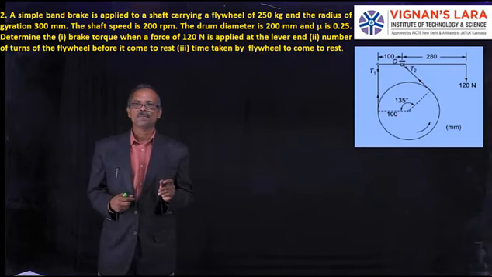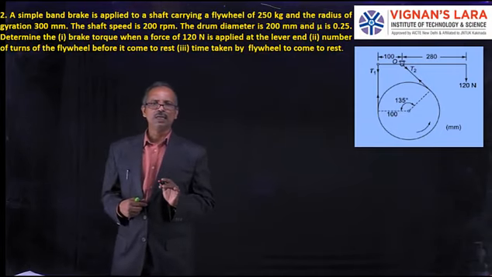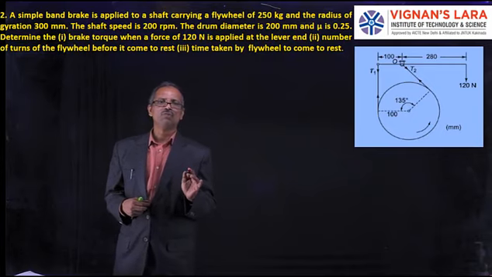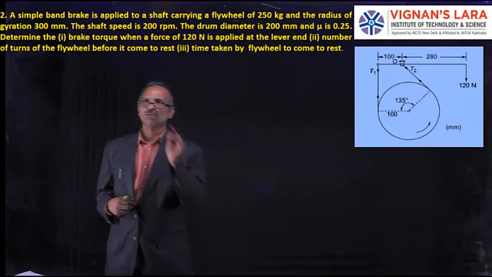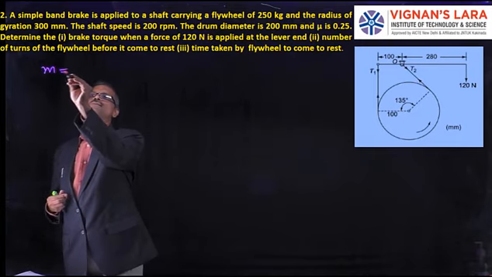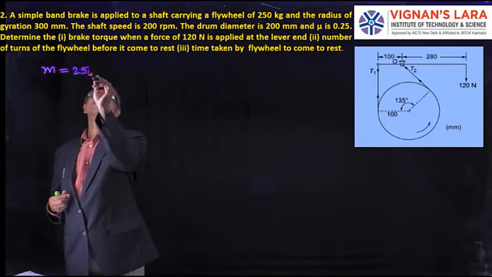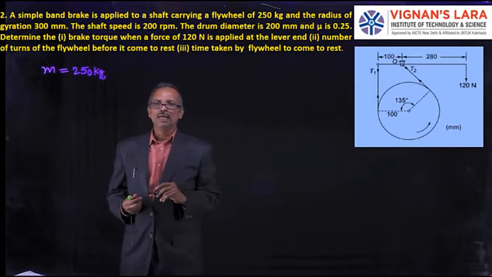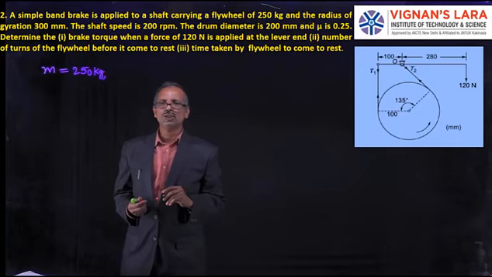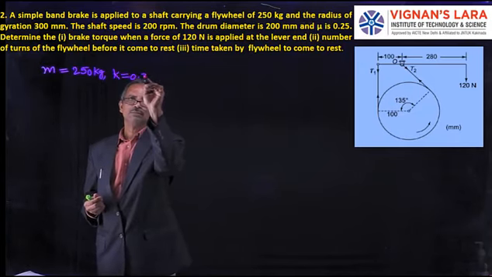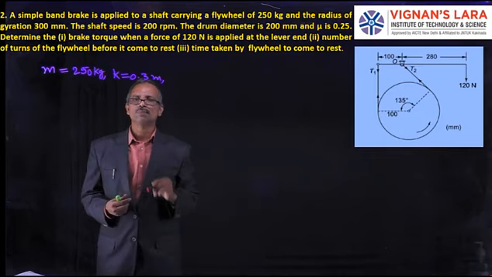So it is a simple band brake. Flywheel mass is 250 kg, and the radius of gyration is 300 mm, that is K is 0.3 meters.